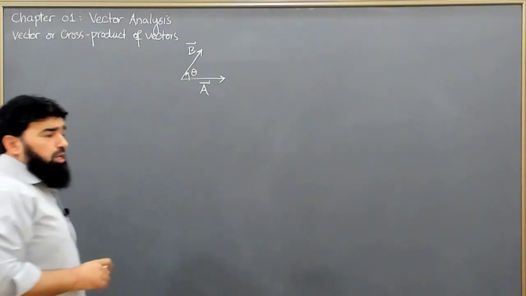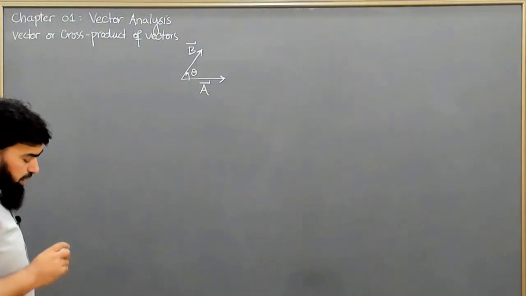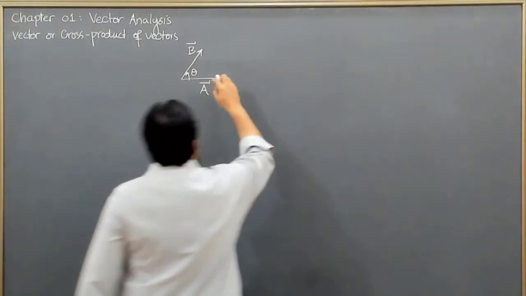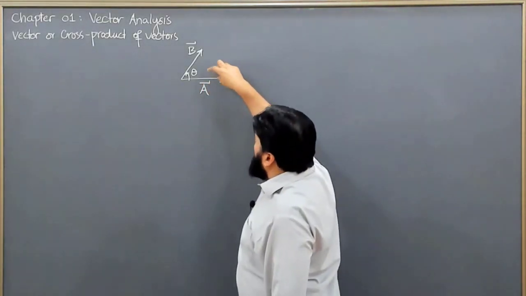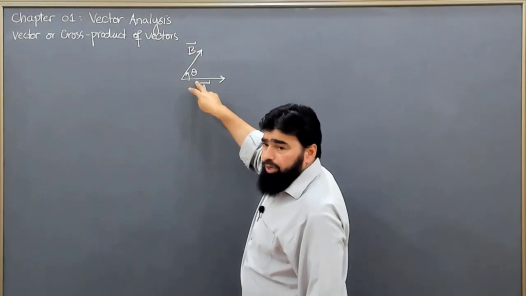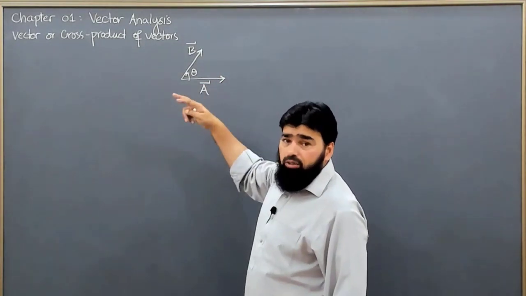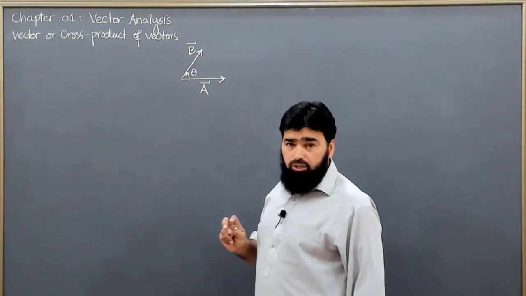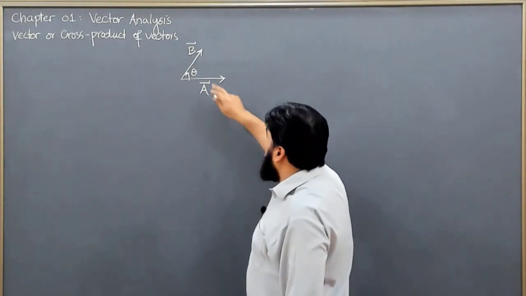And now what we are doing in the cross product is, you remember in the scalar product, we found the contribution of one vector along the other vector. That was the form of interaction between the two vectors under multiplication.